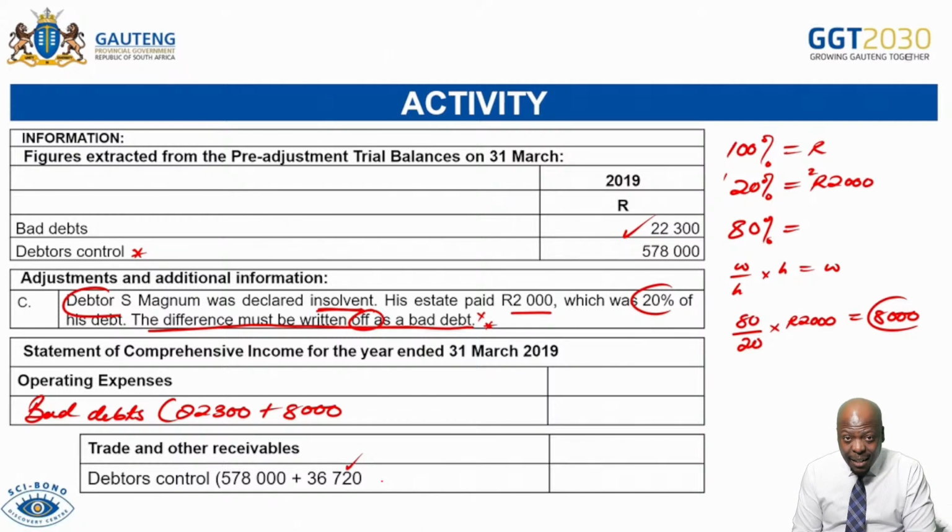Remember, this is the debtor that is being written off. Is it going to increase our debtors or decrease our debtors? So I'm going to come here, I'm going to say minus 8,000, like that. Are we still okay? Cool. All right. Can I go on to the next adjustment then? Let's quickly do that. Let's go on to the next adjustment.